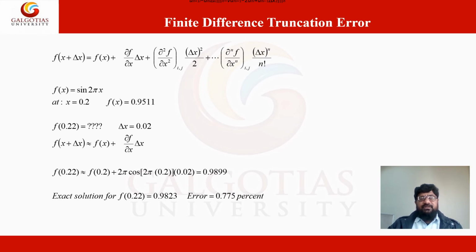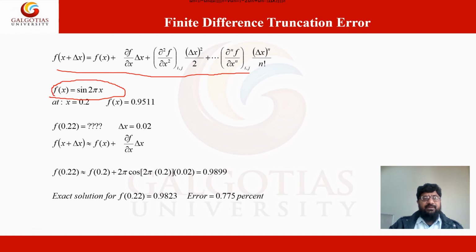So we can quickly move to an example of how we can calculate the value of f at its neighborhood. So this is the Taylor series, and there is a function f(x) equal to sin(2 pi x), and at x equal to 0.2 we know the value of f(x). If you want to calculate the value of f at 0.22 by Taylor series, then del x will be 0.02.